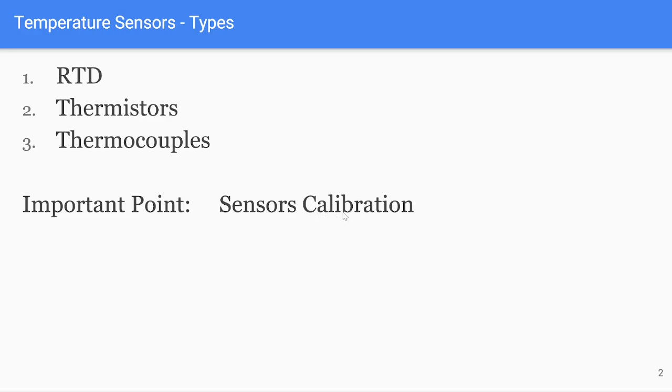calibration is a very important term you need to understand. For example, if you're going to use any type of temperature sensor, that requires what, in this particular lecture, we will call sensor calibration. So we have to calibrate the sensor in order to read accurate values from that particular sensor.